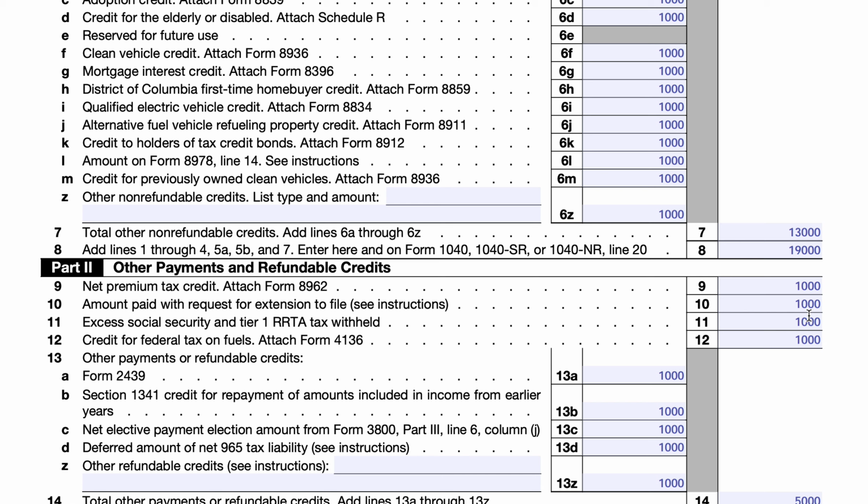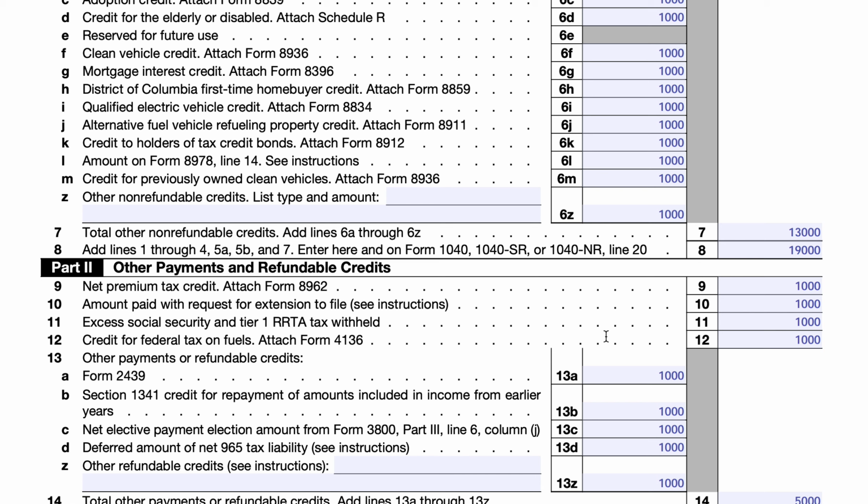However, if the employer is not on board with that, then you can file a refund using IRS Form 843. You would attach it to your tax return, and then you would enter that amount here. You can't claim an excess Tier 2 RRTA tax on your tax return. You would need to use Form 843 directly.